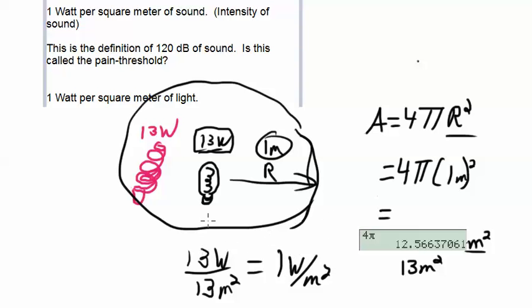So looking at a 13-watt bulb from 1 meter away is about the equivalent of the intensity of sound at the threshold for pain. And I think that's kind of apt, because if someone actually would, and I don't recommend it, stand and stare at a bare 13-watt CFL bulb from a distance of 1 meter, you will probably get a headache.